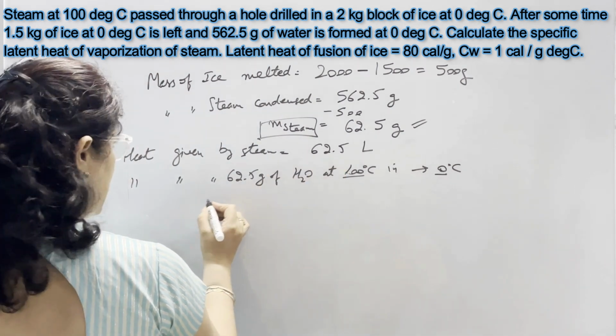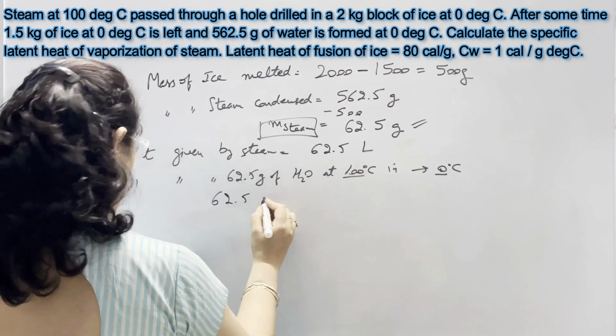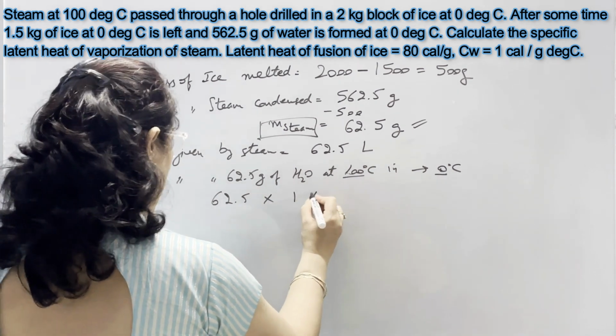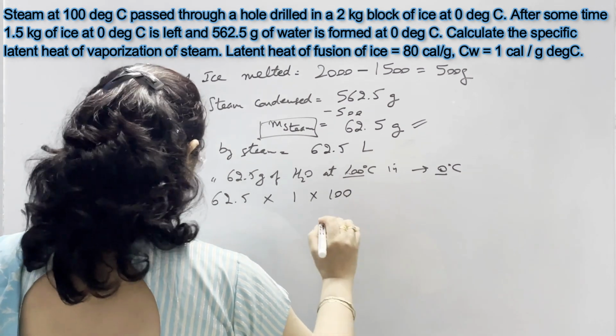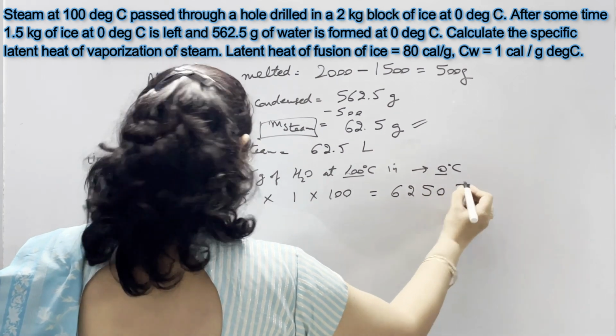It means temperature is getting changed. So MC delta T. 62.5 is M. C is given in calories, so here we are taking it as 1, and then 100 minus 0 is 100, which is equal to 6250 joule.